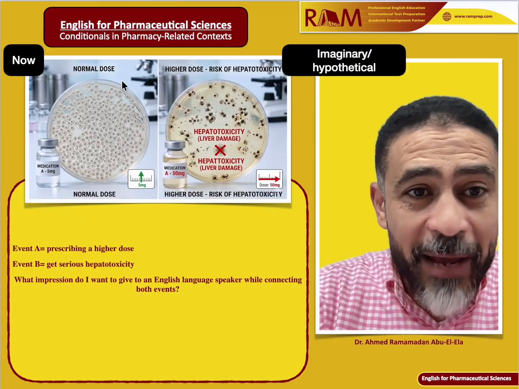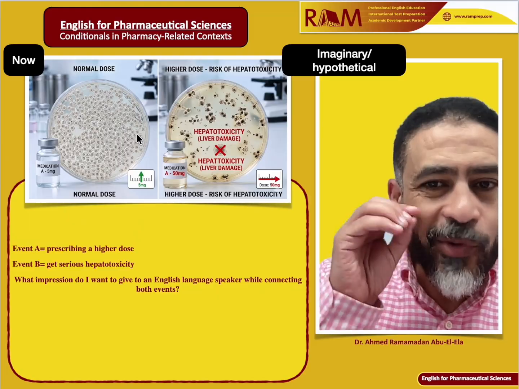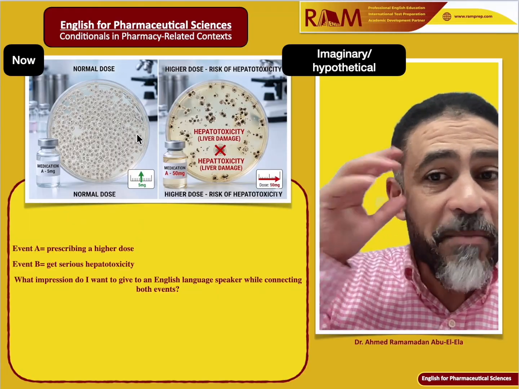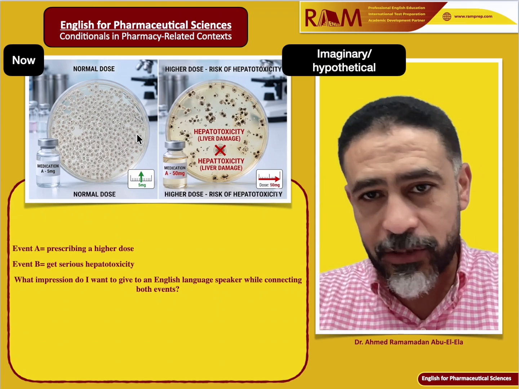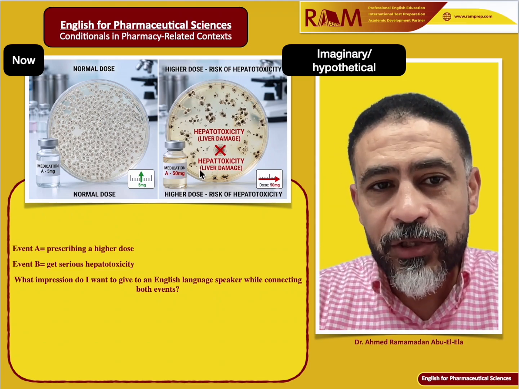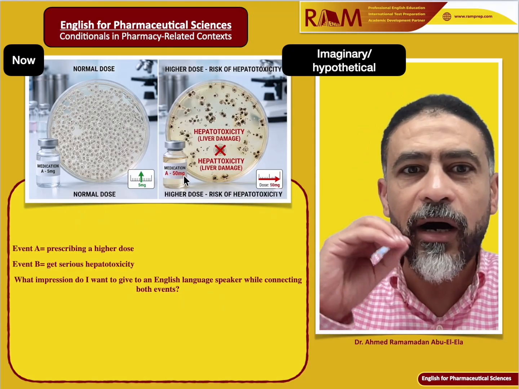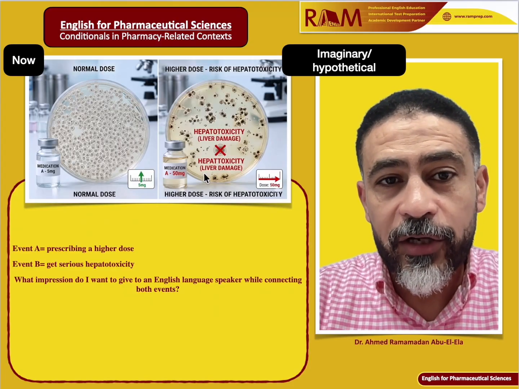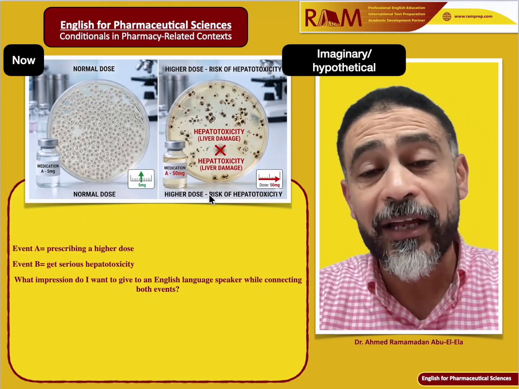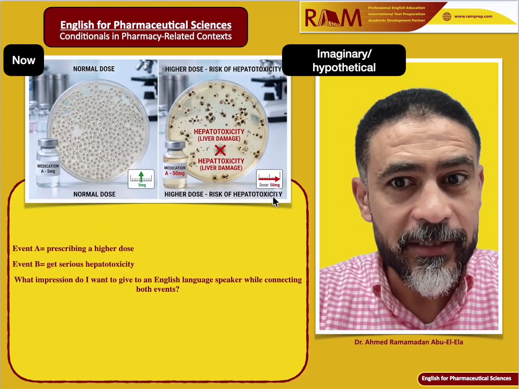If this is happening right now, and right now I imagine a hypothetical situation in which I use the same medication A with a higher dose that could create a risk of hepatotoxicity.